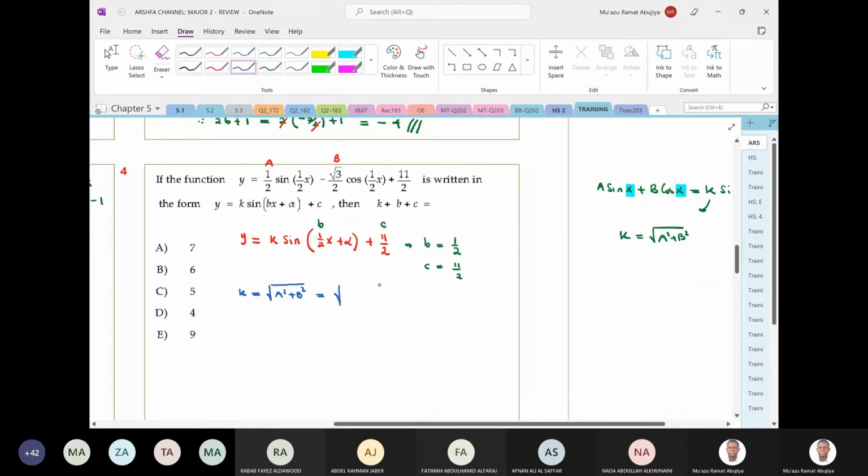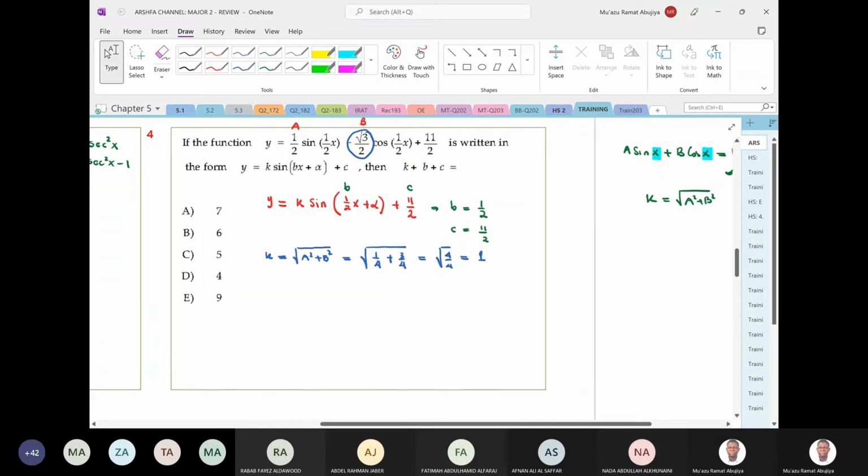We write it as root of 1 over 2 squared, that is going to be 1 over 4, plus, now, square root of minus root of 3 over 2. When you square that one, we get 3 over 4. And this is going to give us root of 4 divided by 4, which of course is equal to 1. And root of 1 is going to be equal to 1. So you can see that k is equal to 1.